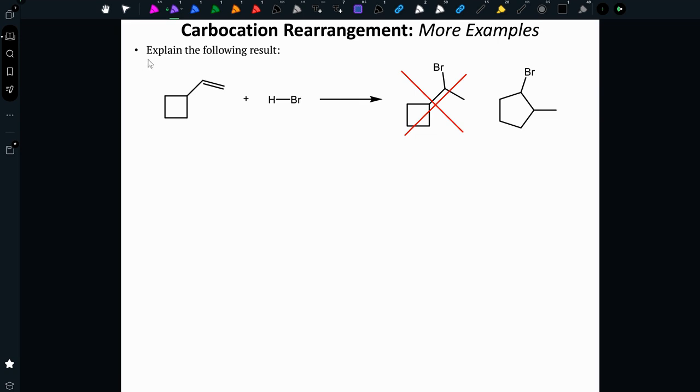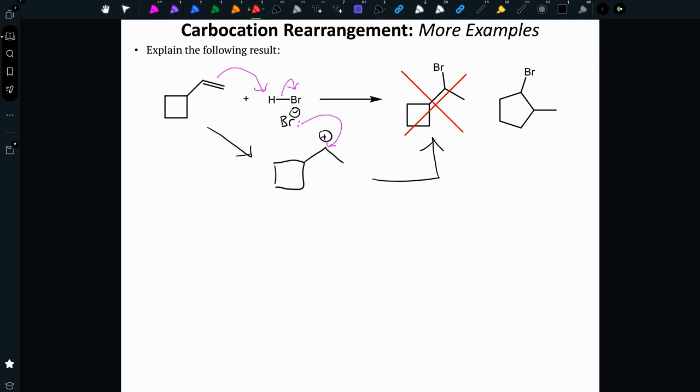So if I take this alkene and I react it with HBr, again, you might expect to follow a pathway where you make the secondary carbocation, because you have a choice between primary and secondary. You might expect, okay, I'm going to form the secondary carbocation, and then because the carbocation is so reactive, it's going to react with Br minus and make this product here.